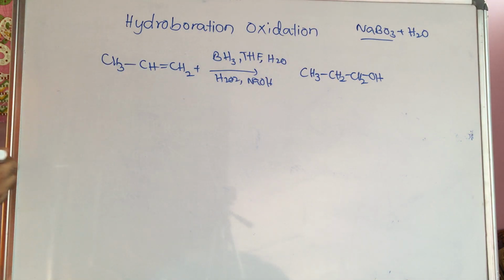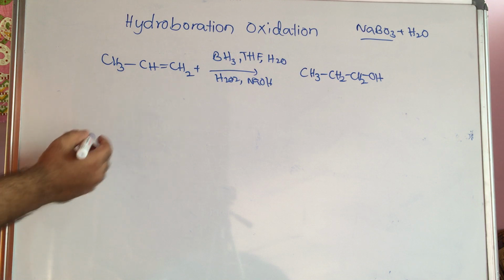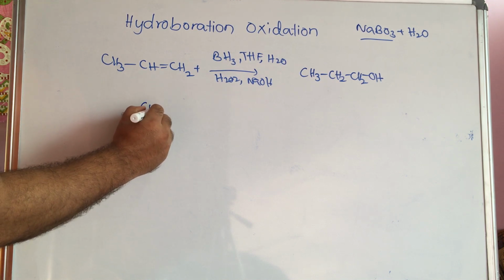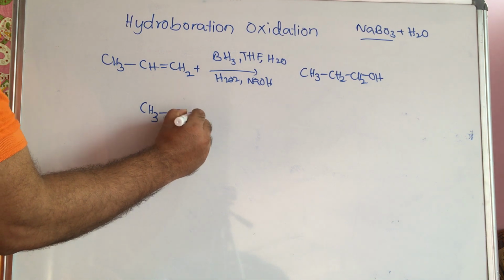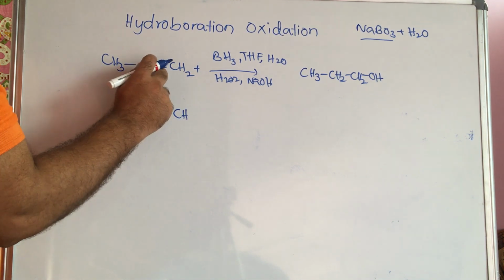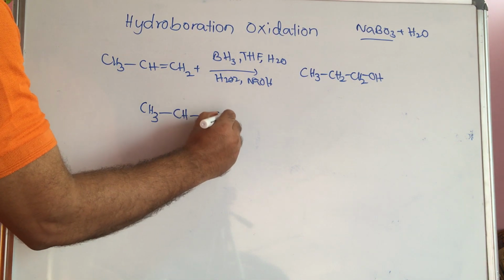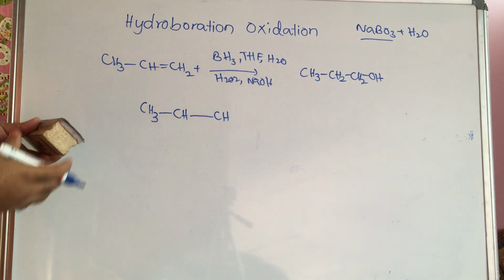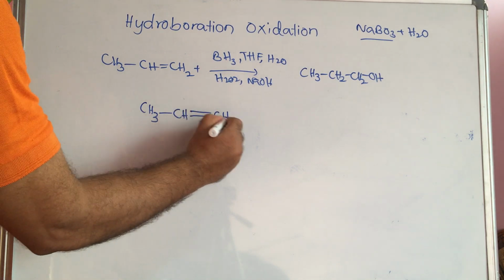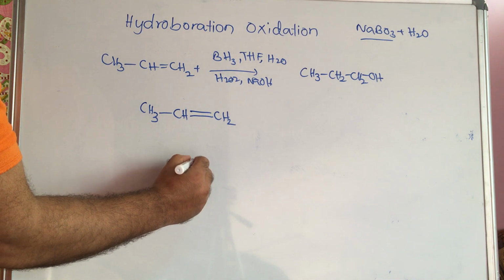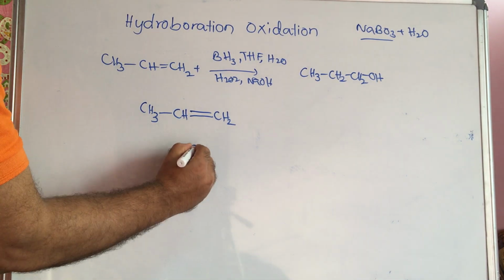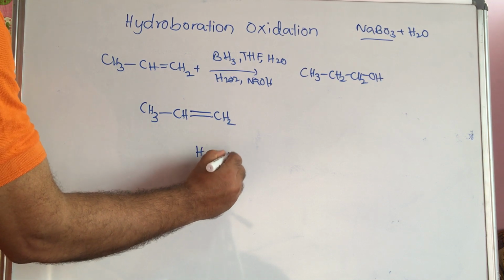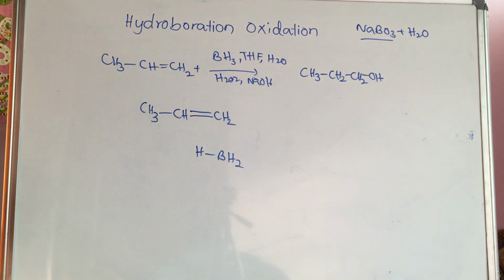So already I told you about the syn addition of H and BH2. So what is the exact explanation of this syn addition? Here is the double bond, and here this BH3.